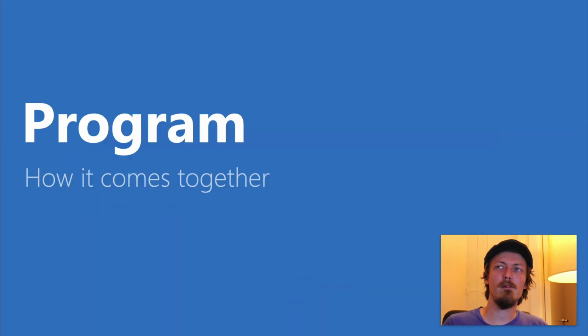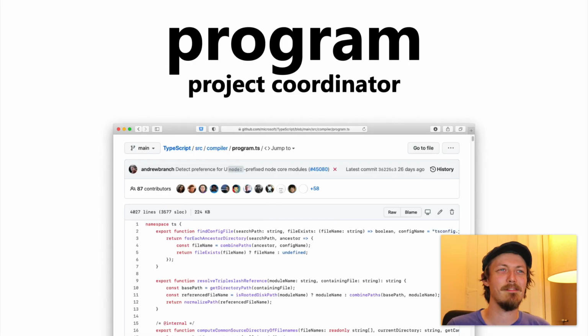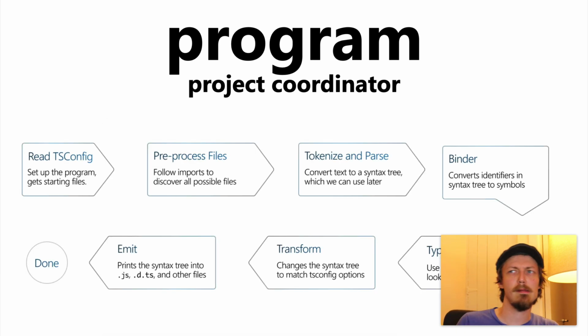And I thought it was interesting to dig into how all these pieces come together. So, that diagram we saw at the beginning, well, actually that's based on the program. The program is the coordinating concept that happens inside TypeScript. It's the first thing you would create if you're using the TypeScript compiler API, as we'll see. So this was that diagram. It is the responsibility of the program to do all of these.